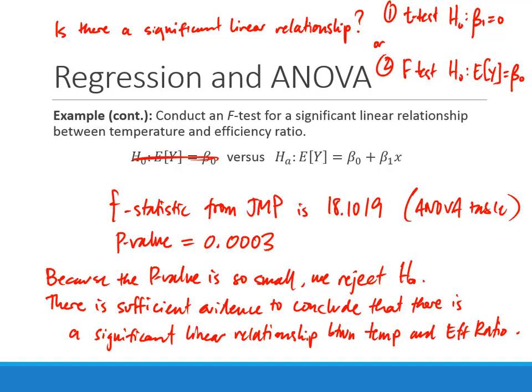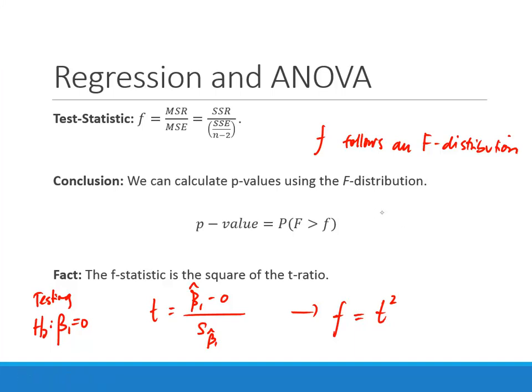Yeah, Jamie. How exactly did we use the F statistic in this? How did we use the F statistic? Was there a table we went to look at to get this p-value other than JMP output? So you could, if you look in the back of your textbook, there is an F distribution table. The T distribution depends on the degrees of freedom.